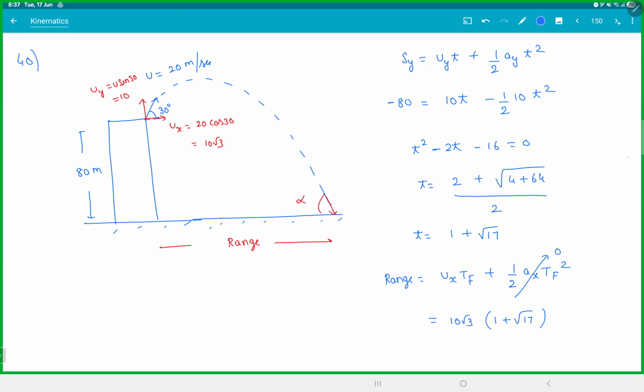How do you find alpha? With what angle will it hit the ground?